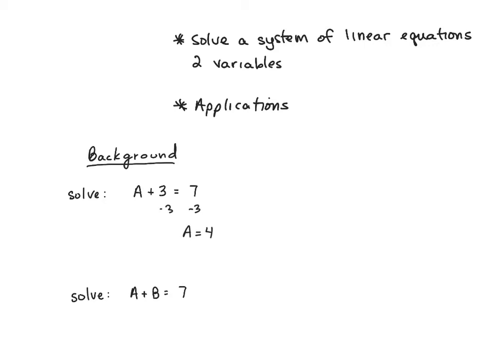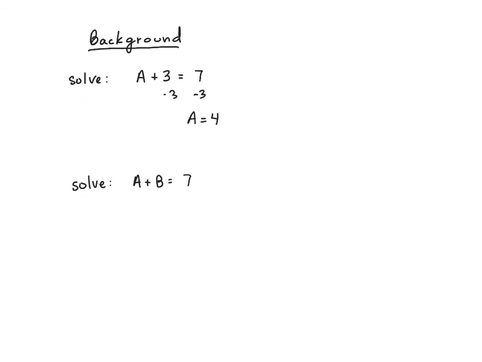Now, this one here, we have one equation, but now we have two unknowns, a and b. The issue is we can still solve this equation, however, it does not have one unique solution. What I mean by that is, let's keep track of it in the form of a table.